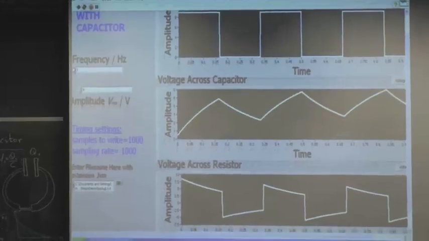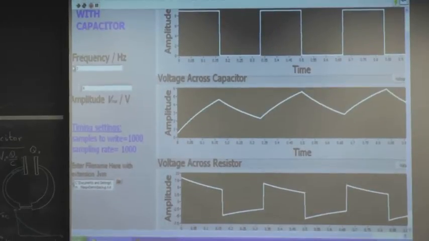So now I'm increasing the resistor. So the response is becoming more sluggish. And it's now not resembling an exponential because I'm just in the early part of the exponential where it looks like a triangular waveform.